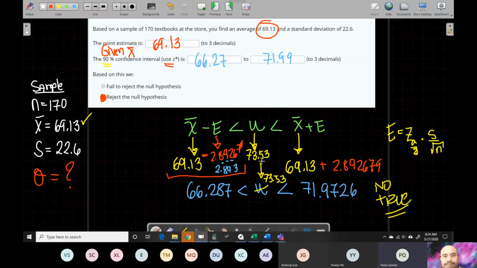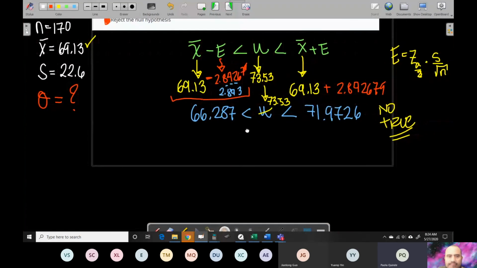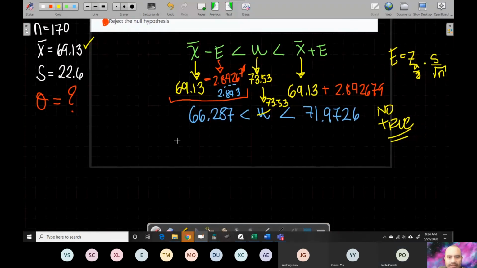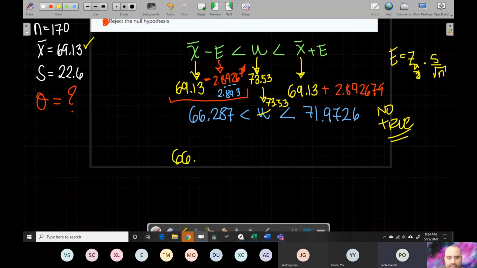Can you repeat why you rejected the null hypothesis, please? Yes. The null hypothesis is based on the fact that this has to be true. Now, these are the values that we got. These are the values that basically the textbook got. You can either use this one or that one. And mu was given to us, remember, from the very beginning? Yeah.